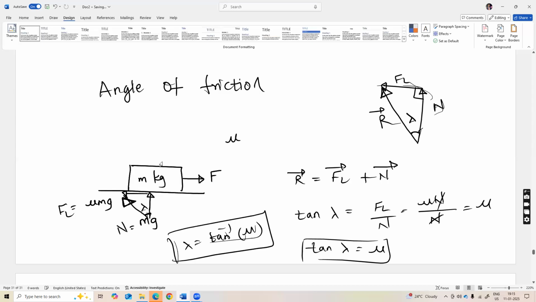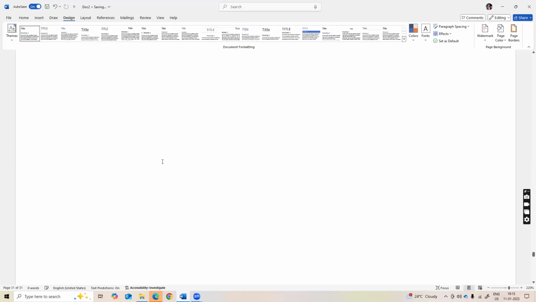And there is one more angle that is known as angle of repose. So let's say now you have a ground, and this object, so of course on ground it will not move unless you apply some force. Let's say it has mass m kg, it is on ground.